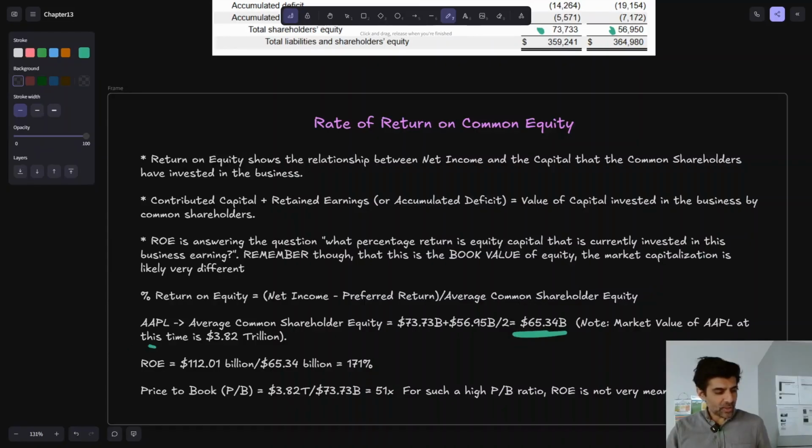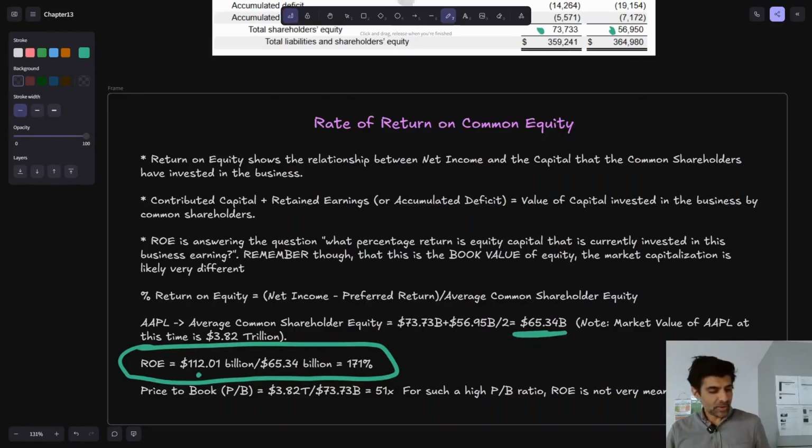The return on equity is equal to the net income, which was 112. That came from the income statement, divided by basically this average equity, and it's 171%.